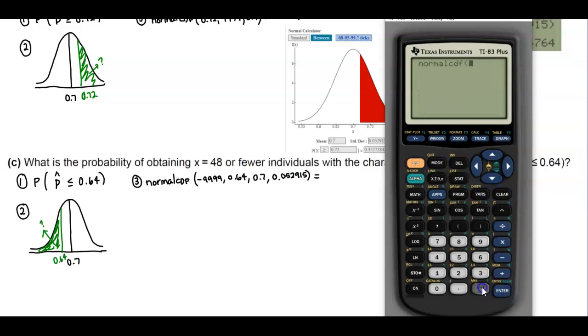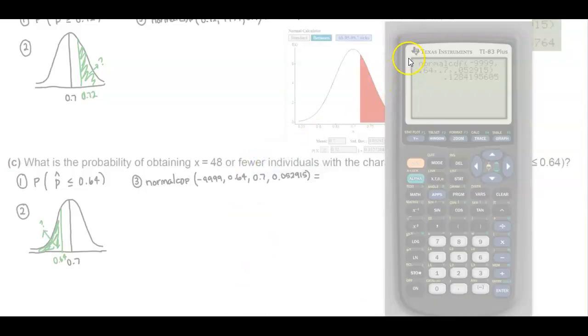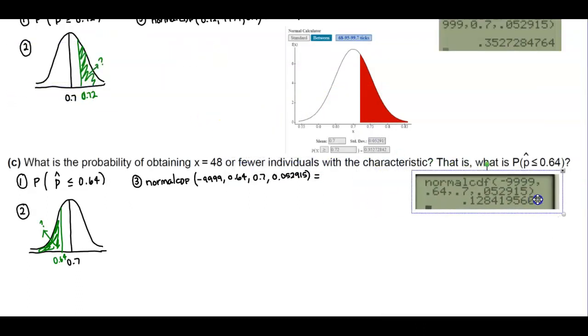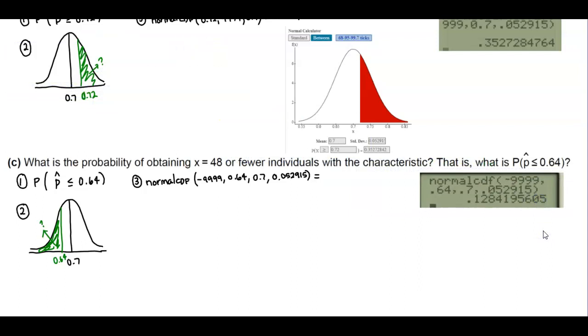We have negative 9999, comma, 0.64 as the upper bound, 0.7 as our mean, and 0.052915 as our standard deviation. So therefore, we get the following answer. Rounding that to 4 decimal places, we get 0.1284.